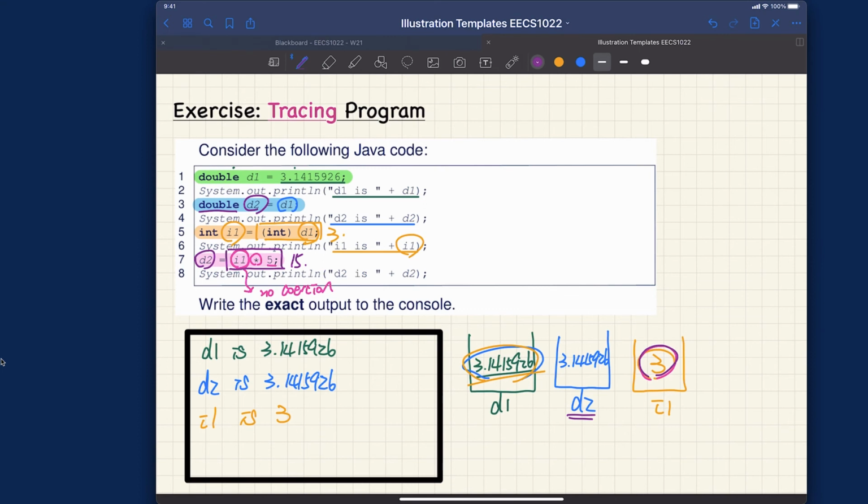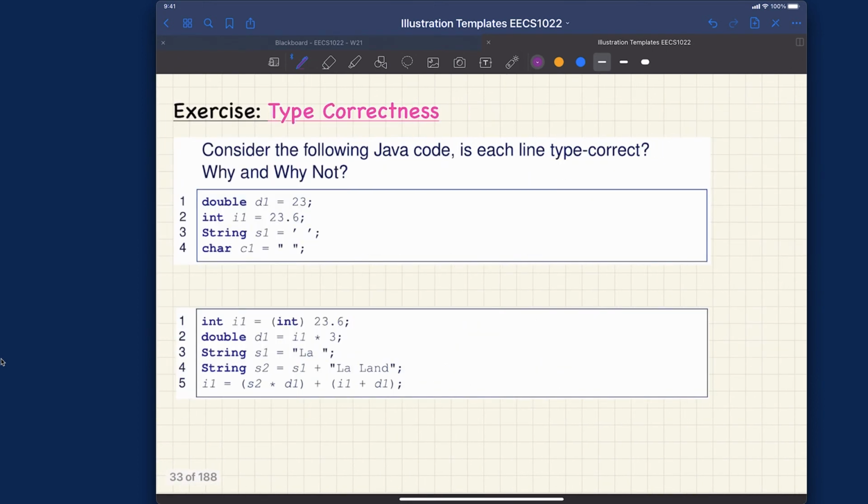So when you do the assignment, 15 will be coerced into 15.0. So D2, rather than storing 15, is going to store 15.0. When you print it out, "D2 is" will be 15.0. All right, that's how you trace the program. Hopefully everything makes sense.